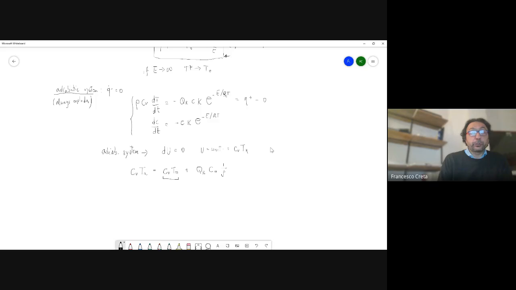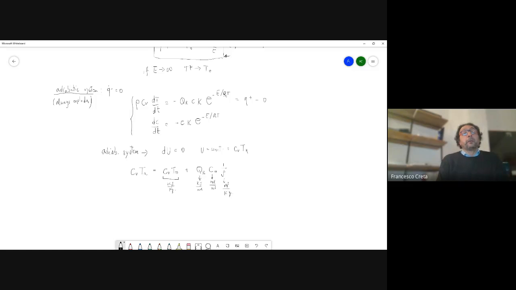This is an internal energy measured in kilojoules per kilogram, while QR is generally kilojoule per mole. This is a concentration, so it's moles per cubic meter. And to get things right, you would have to multiply by the reciprocal of a mass, so volume divided by kilogram, to get kilojoules per kilogram.